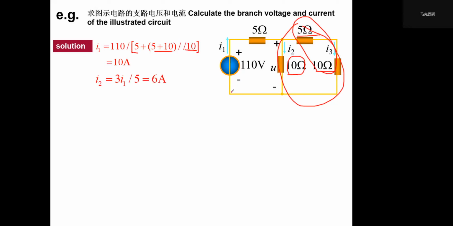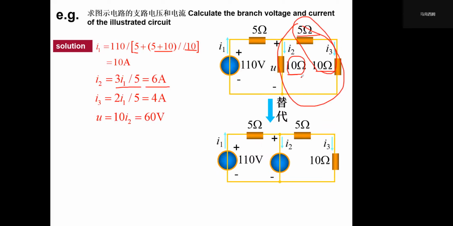So in total, they will share 3/5 of the total current. So I2 is 3/5 of the I1, so it's 6 ampere. So what is left is I3, which is 10 minus 6, is 4. And the voltage is I2 times 10 ohm, is 60 volt.